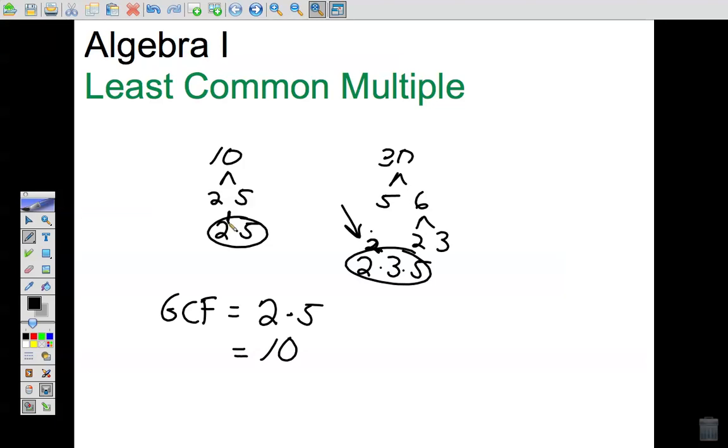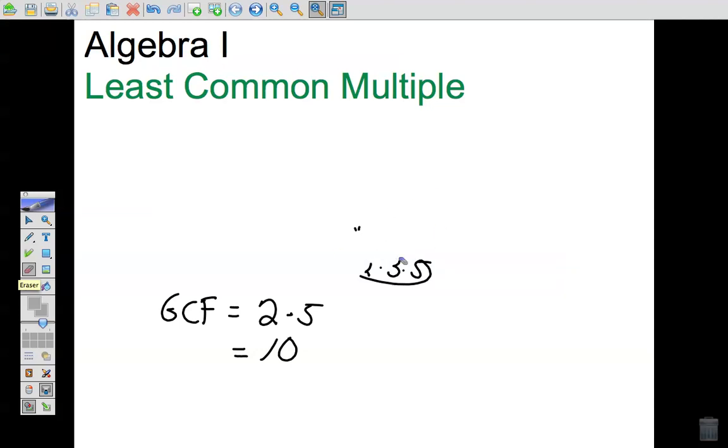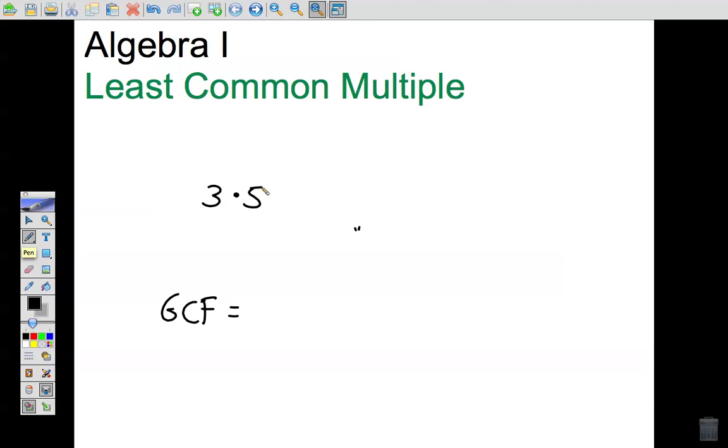Say that, let me erase these here and give you 2 different factorizations. Say that in one of the factorizations you have 3 times 5, and say in another one I had 3 squared times 5 squared times 7.